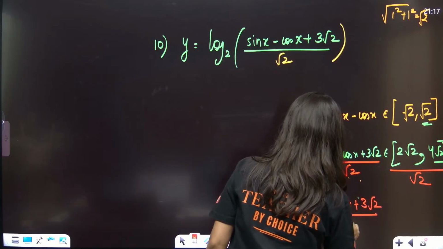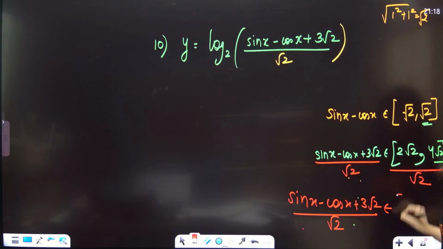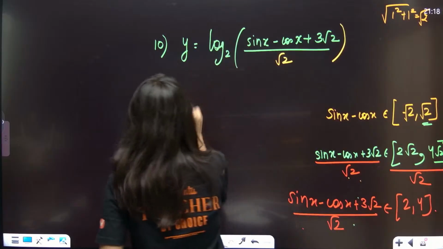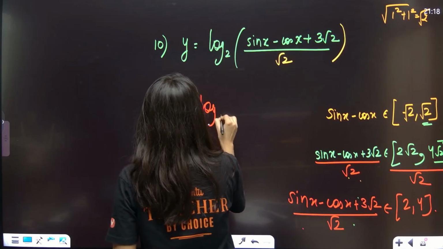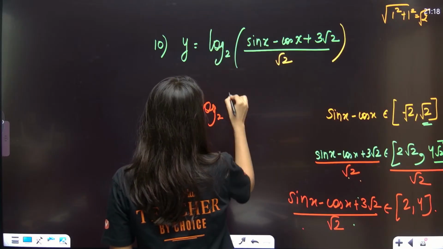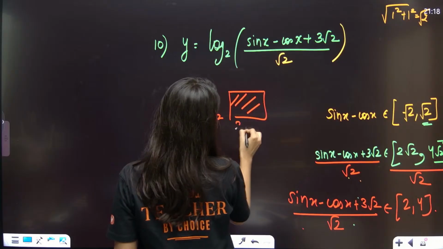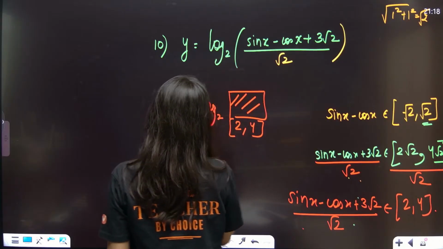upon root 2 belongs to, can you see root 2 cancels? So 2 to 4. So this input inside y is equals to log of base 2, the range of this input, the value of this input is 2 to 4. Correct?